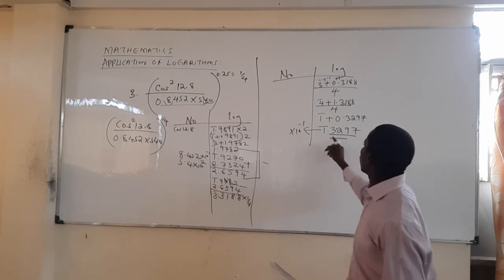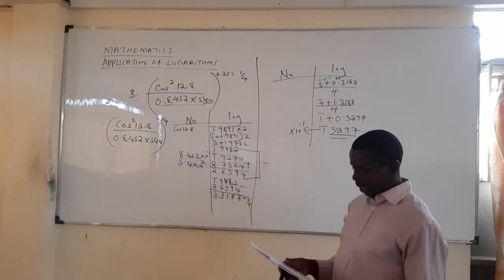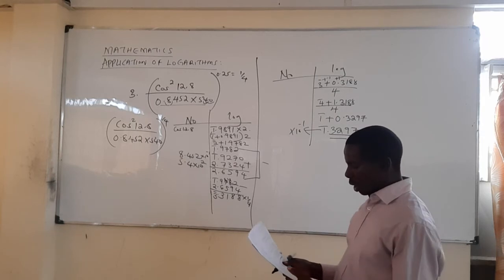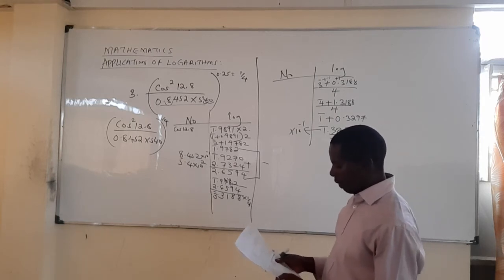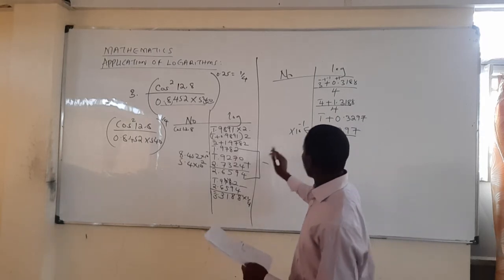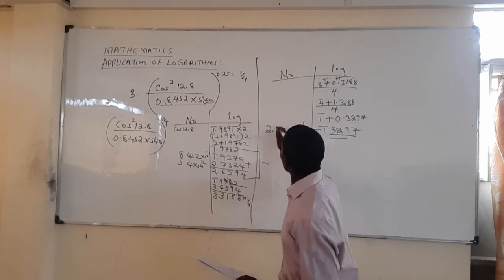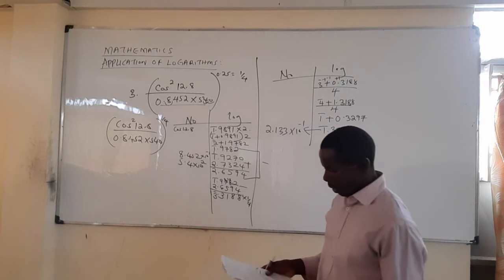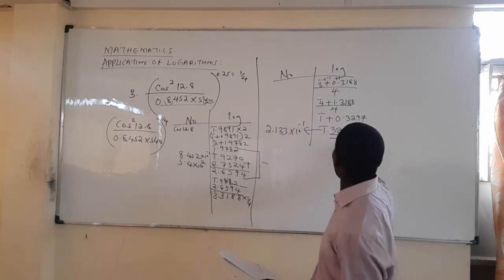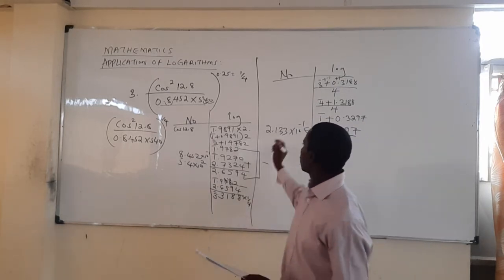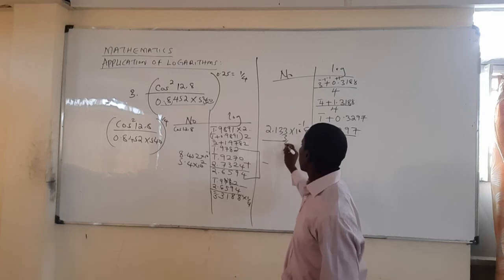So you get the answer of 0.3297. With 0.3297, we first get 0.329, which is 2.133. Then I add 7, and that corresponds with 3 there. So I get 6.